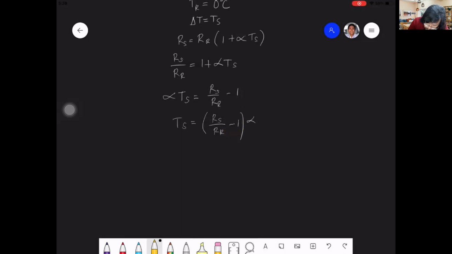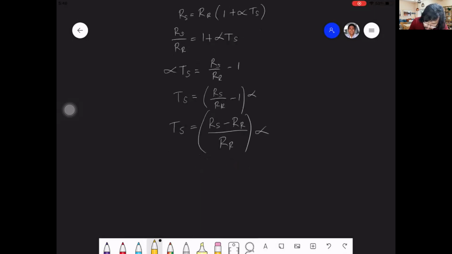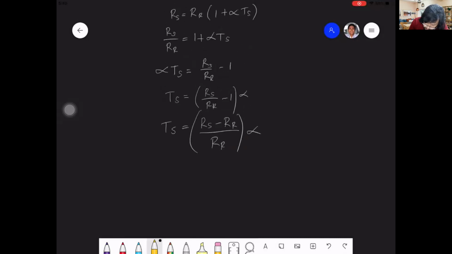So we simplify by making this equation minus R sub R over R sub R, since this is just equivalent to that one. Okay, so we have the final equation given.